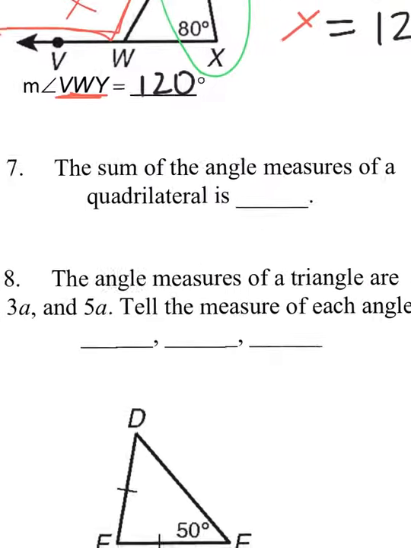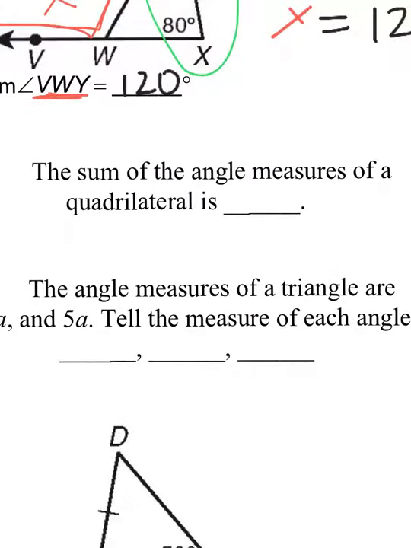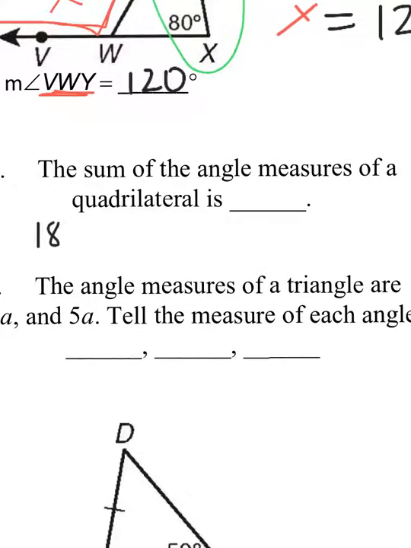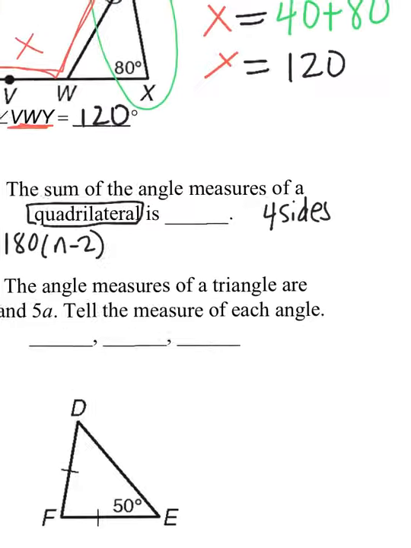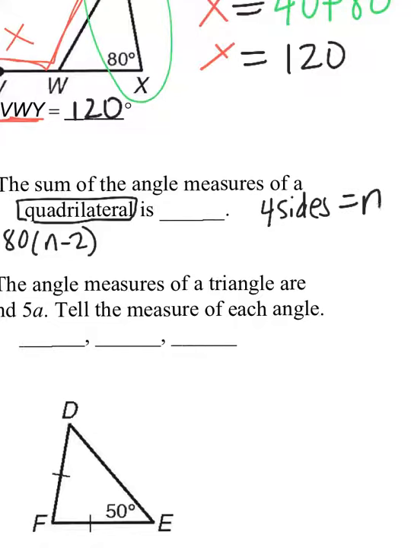Number 7. For number 7, we need to use the polygon sum theorem, which says that I can multiply 180 times n minus 2. Now, I know the number of sides is a quadrilateral. A quadrilateral has 4 sides, and that means that is my n value. 4 equals n.